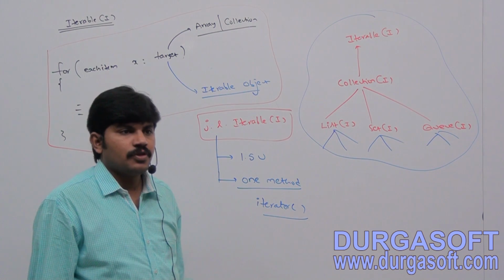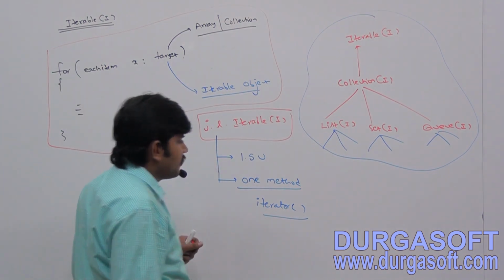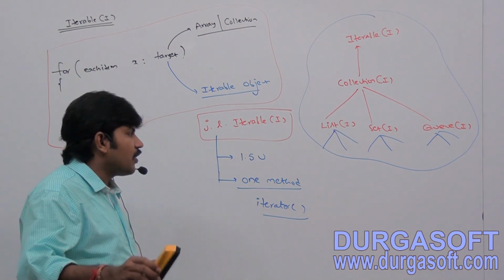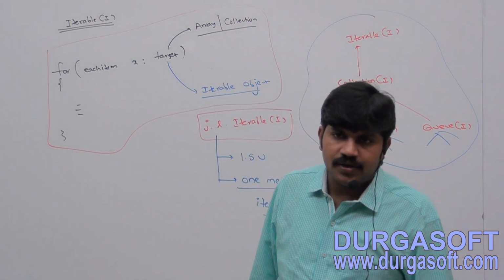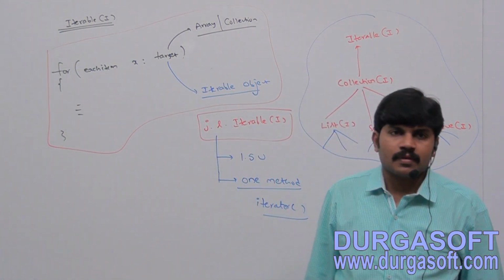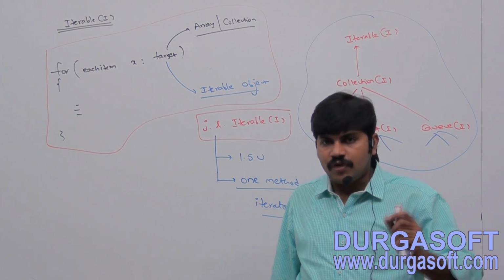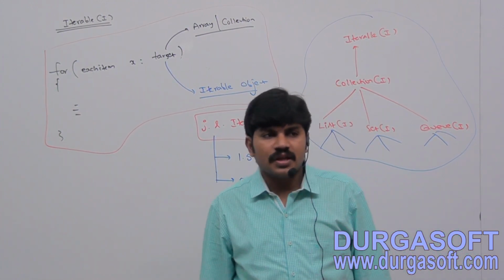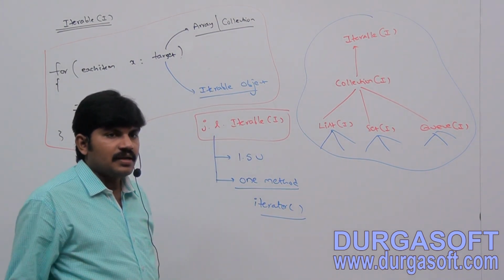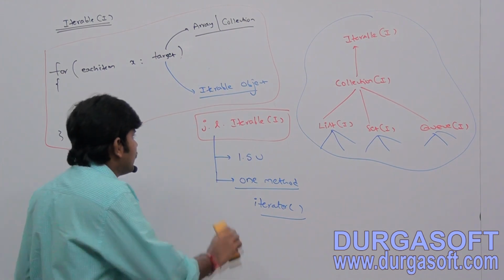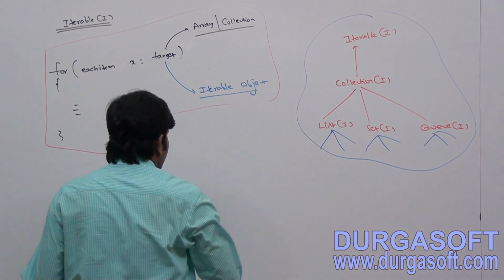Okay, next up. The Iterable interface was introduced in the 1.5 version, and it contains only one method.